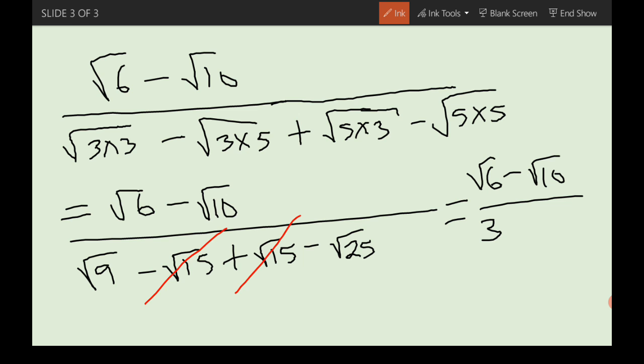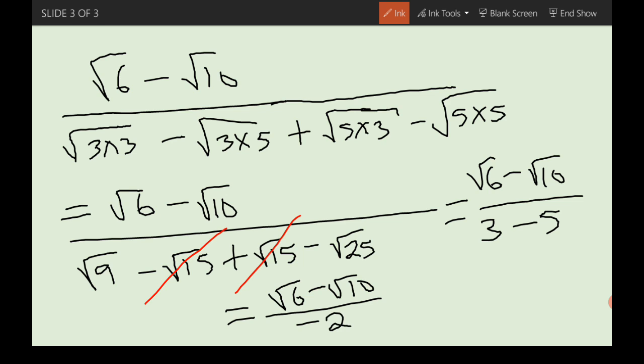So we shall end up with 3 then minus root of 25, that is 5. So meaning that our final answer will be equal to root of 6 minus root of 10 divided by negative 2 as our final answer.